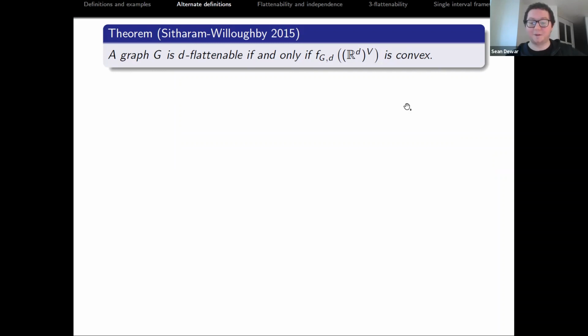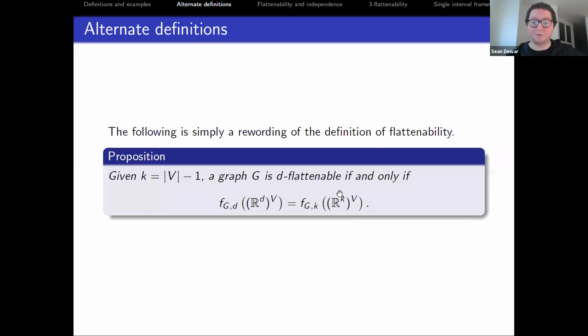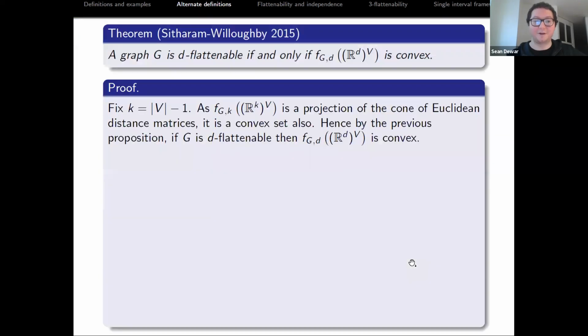So it's kind of easy to see one way. As we said, this set is convex. So if you're d-flattenable and this is equal to this, then this set is convex as well. In fact, that's actually the first thing we say. So this is a projection of the cone of Euclidean distance matrices, as Mira's gone on about. We're just projecting it onto the edge lengths of G, because the cone of Euclidean distance matrices gives you all the possible different edge lengths.